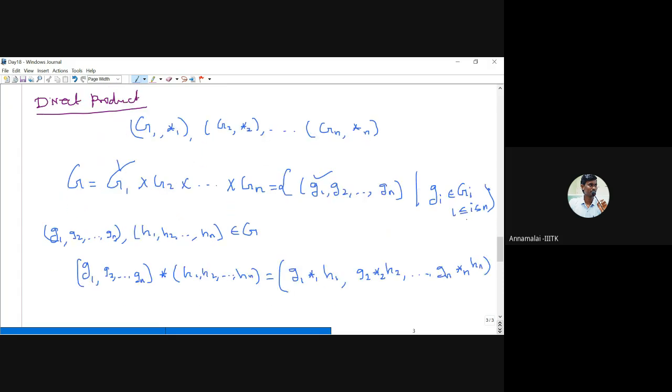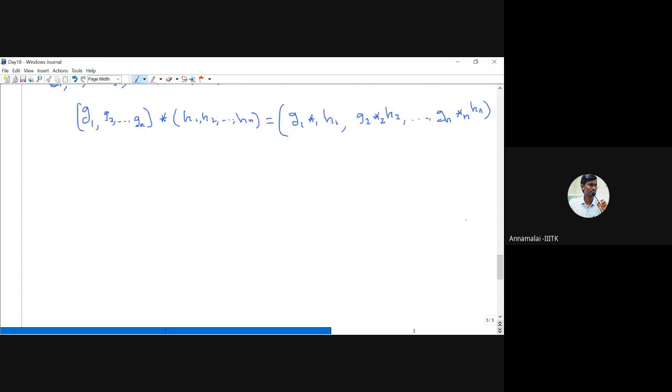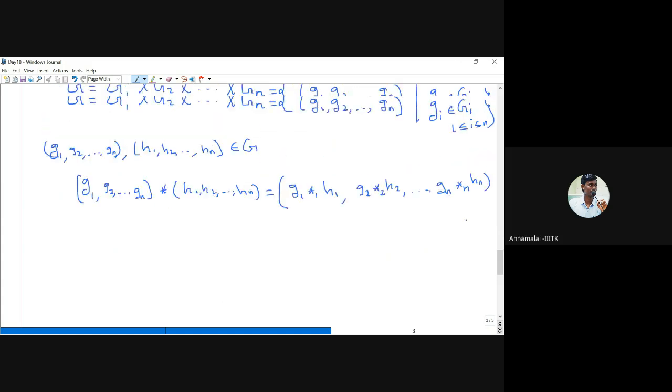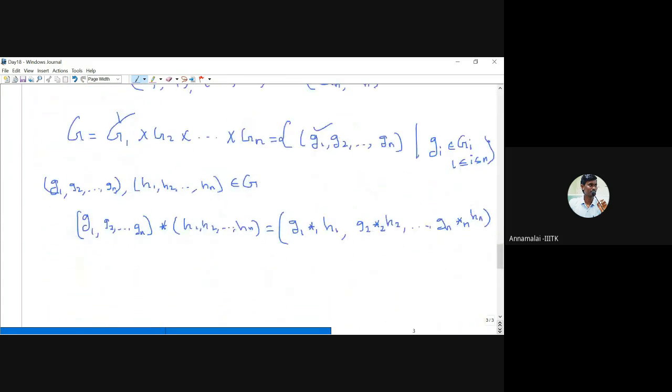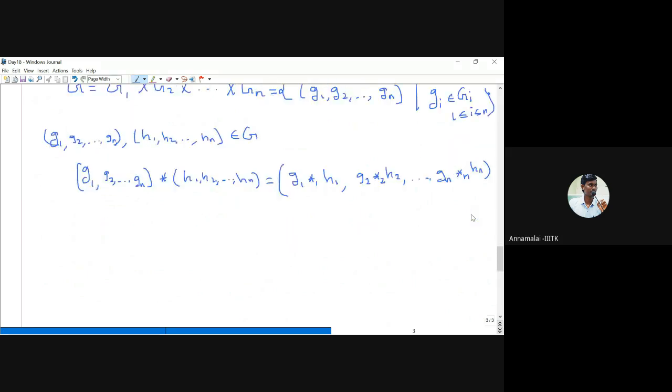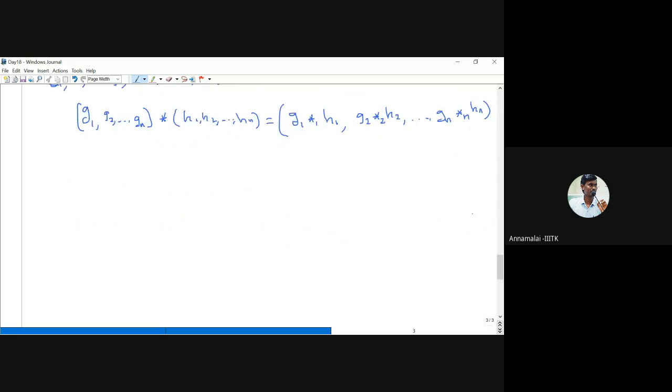Now, what is the order of an element? In a single group, the order of an element a is the smallest n such that a to the power n equals the identity. Then we say n is the order of that element. Suppose we take the Cartesian product of the groups. What is the order of the n-tuple (g1, g2, etc., gn)?